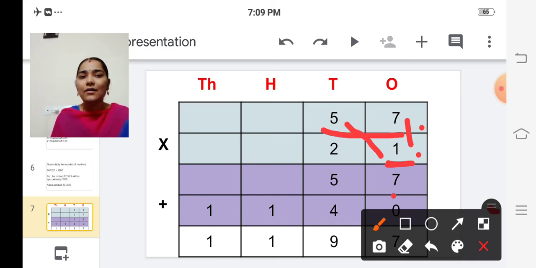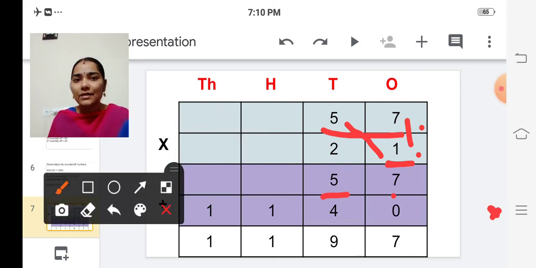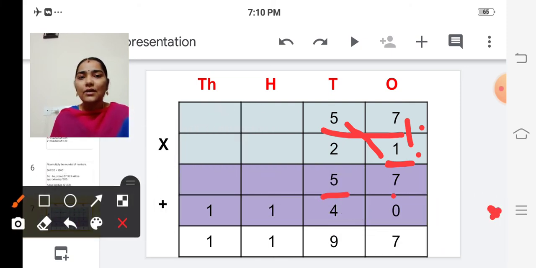In the next step, we have to write 0 in the ones place, isn't it? Because we are going to multiply by the tens digit of the multiplier. So write 0 in the ones place, don't forget, and then start multiplying.